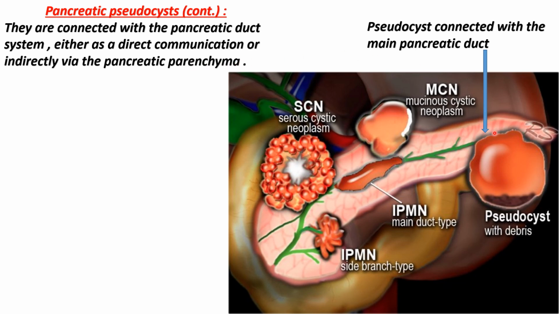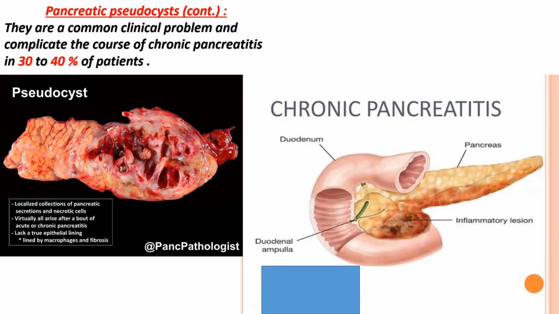We are seeing here a pancreatic pseudocyst connected with the main pancreatic duct. Pancreatic pseudocysts are a common clinical problem and complicate the course of chronic pancreatitis in 30 to 40% of patients.